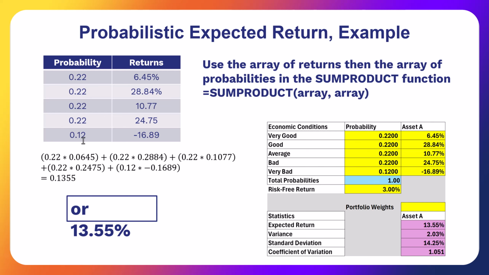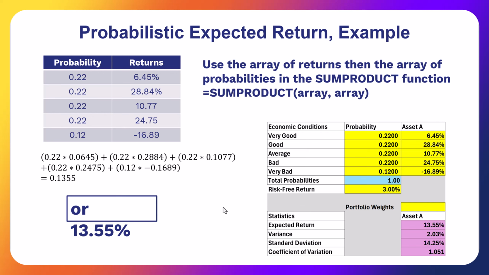If you add these probabilities, they all add up to 1. One of the ways we can do this in Excel is equals SUMPRODUCT, and then the first array is the probability, and then comma, the second thing that you highlight are the returns, and that will give us the answer of 3.55%.